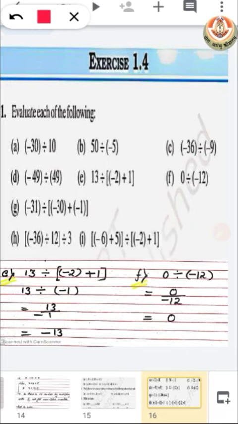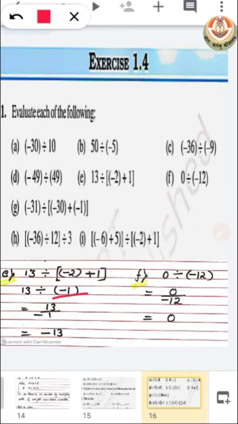13 divided by minus 2 plus 1 within bracket. So we all had learned about BODMAS in our previous classes. So we all know that we have to solve the bracket first. So when we solve this bracket, minus 2 plus 1, we will get minus 1 as the answer.